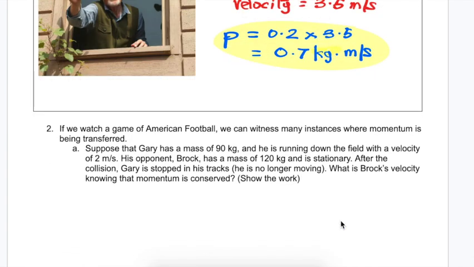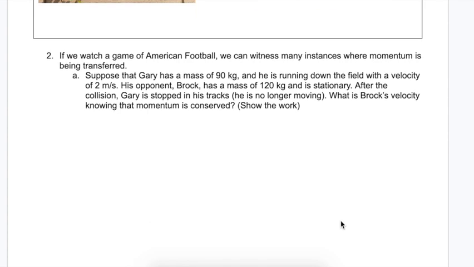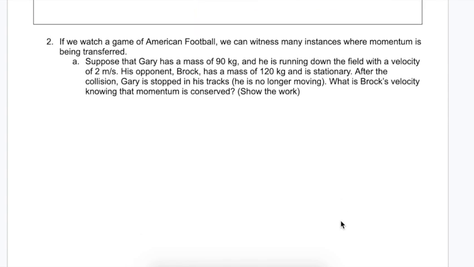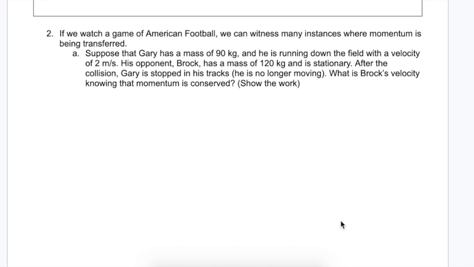Then we went on to this question. If we watch a game of American football, we can witness many instances where momentum is being transferred. Suppose Gary had a mass of 90 kilograms and he's running down the field with a velocity of 2 meters per second. His opponent, Brock, has a mass of 120 kilograms and is stationary, which means that Brock is not moving.